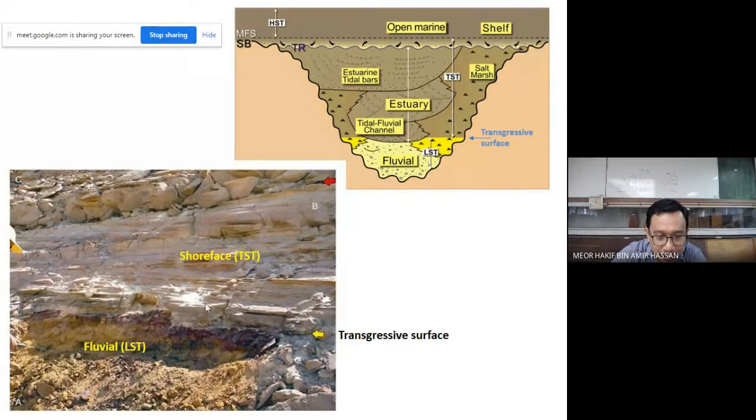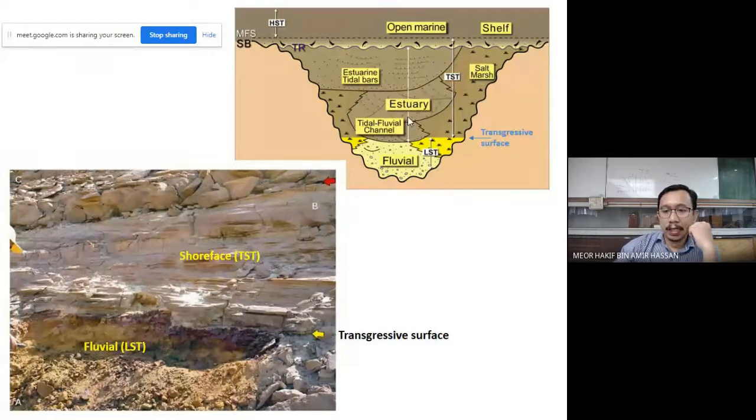So this is a shoreface deposit. Now this is very unusual. Why do you get fluvial followed by shoreface at the top? So this is marked by an abrupt shift in facies. It's going from shallower to deeper now, the other way around compared to a sequence boundary. So this is your sequence boundary, and this is going to be your TS, right here. From fluvial to shoreface, from shallow to marine.